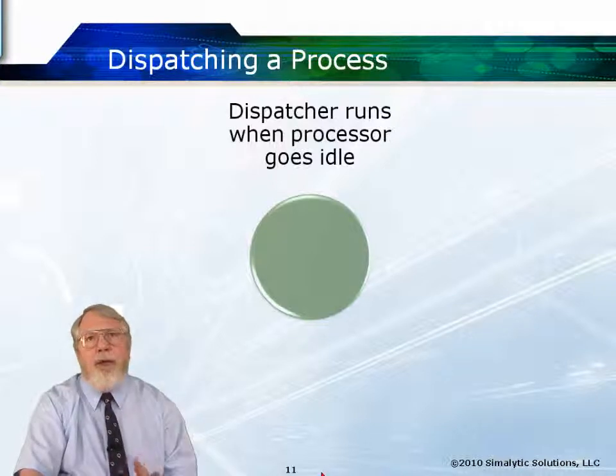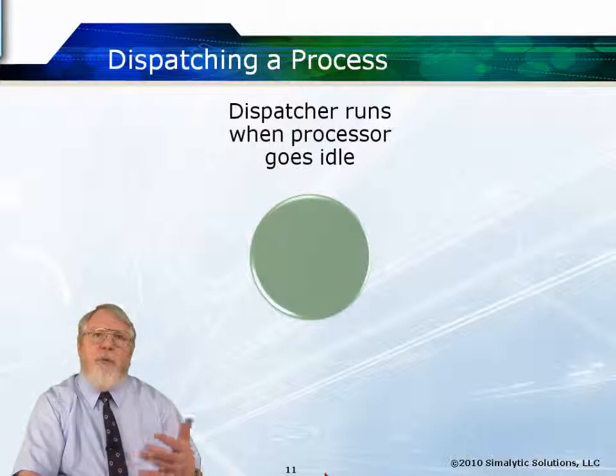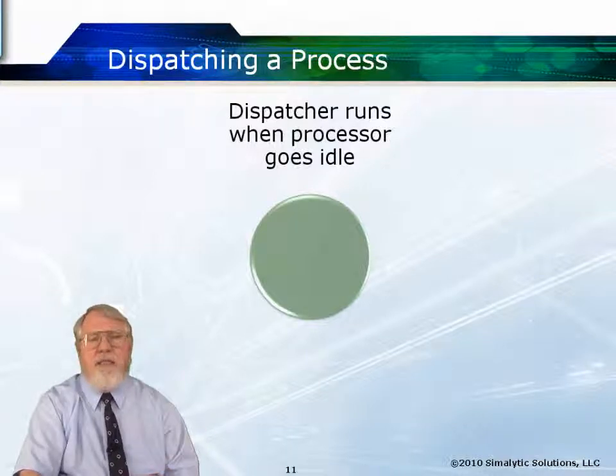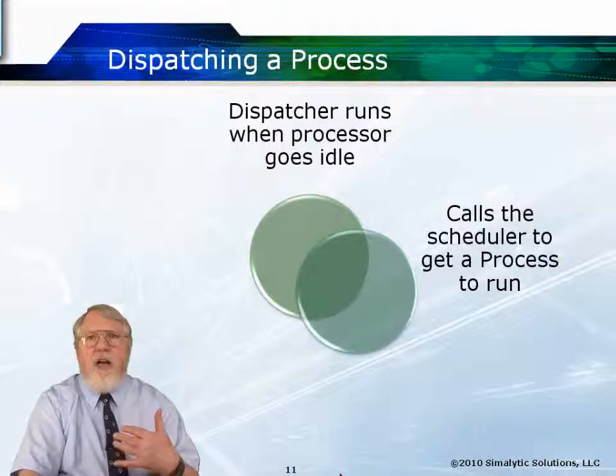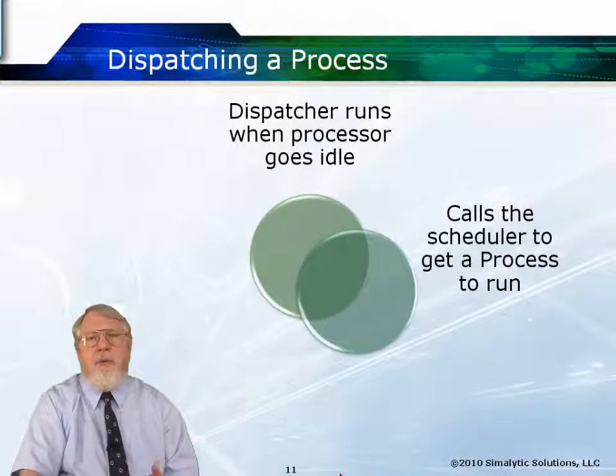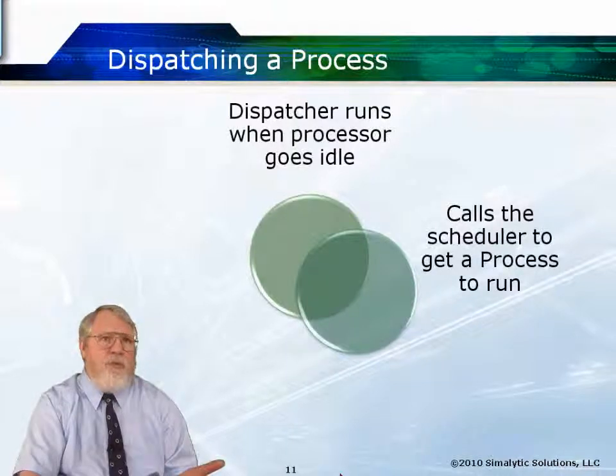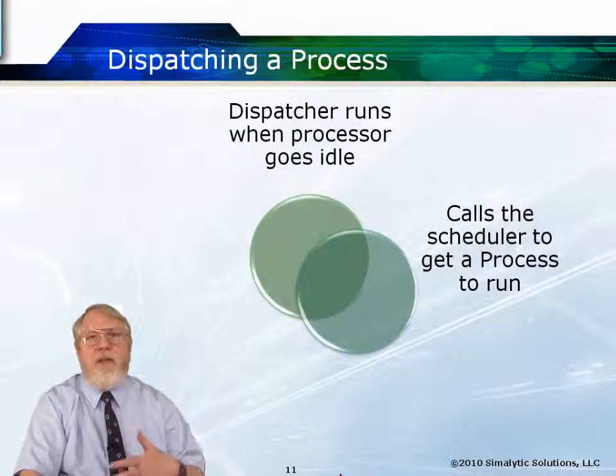So you'll see that manifest itself differently in different operating systems. For example, you may see it as an idle process or system idle. The dispatcher then calls the scheduler to get a process to run. If the scheduler says, well, there's nothing available, the dispatcher goes back to this idle process.